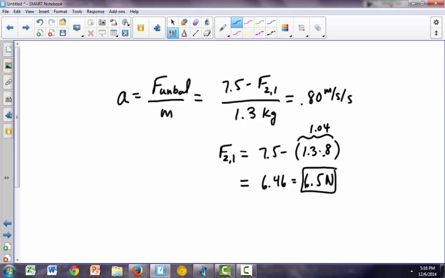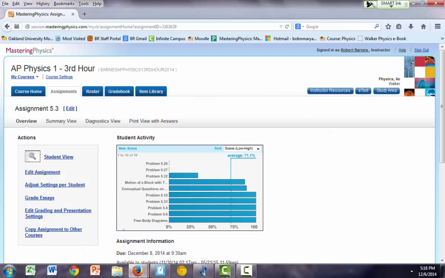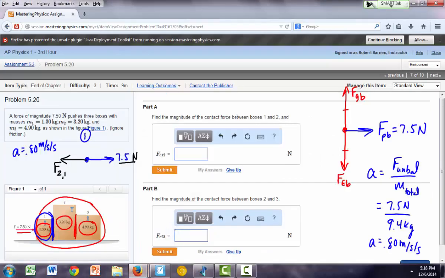The contact force between box 2 and 1, this is where Newton's third law comes in. This was box 2 on 1. Whatever force box 2 is pushing on box 1, I know that the third law paired to that is 1 on 2. So it's 6.5 newtons is the contact force either way.